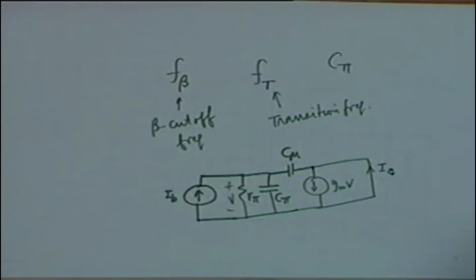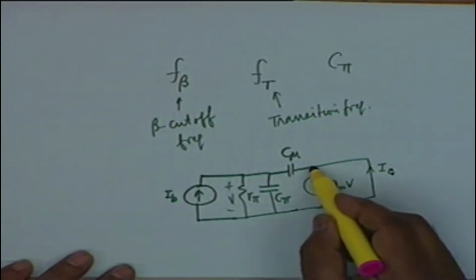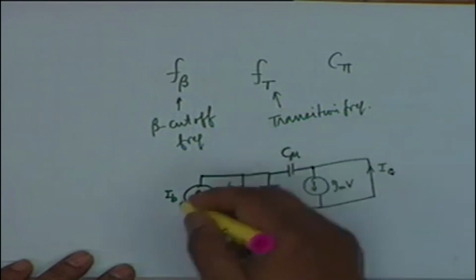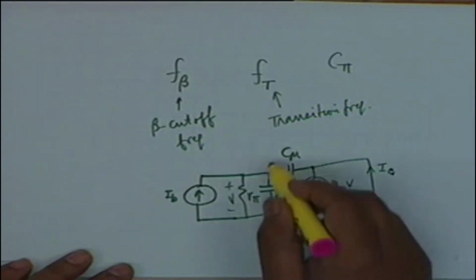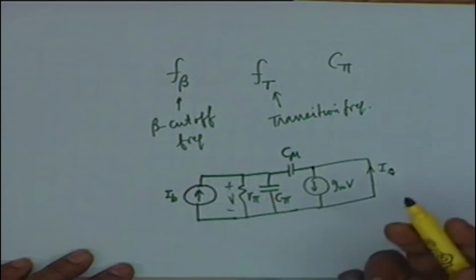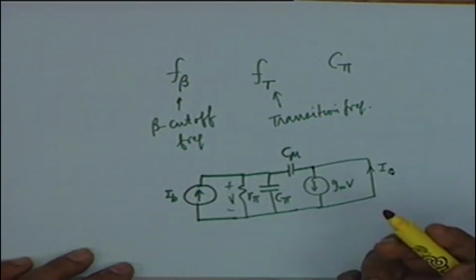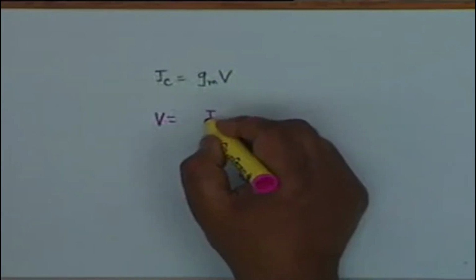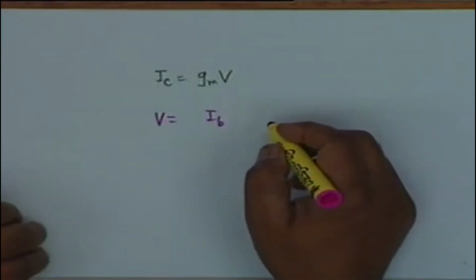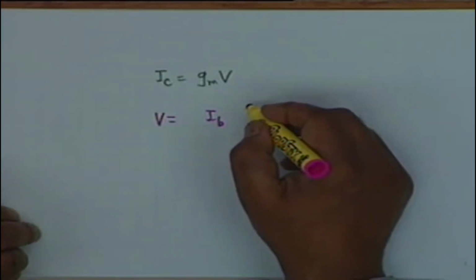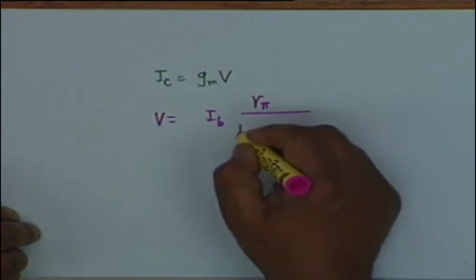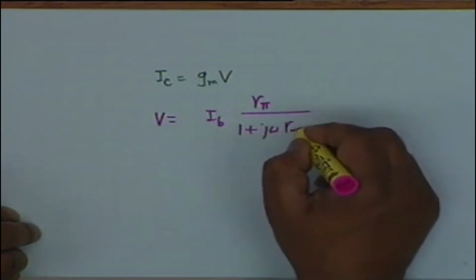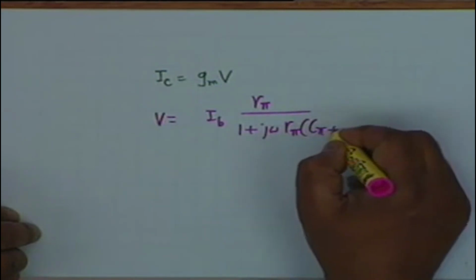But what is V? This point is virtually grounded. That means if I look at the input circuit, it is as if we have a capacitor C pi plus C mu, and therefore V is I sub B multiplied by R pi divided by 1 plus j omega R pi times C pi plus C mu.